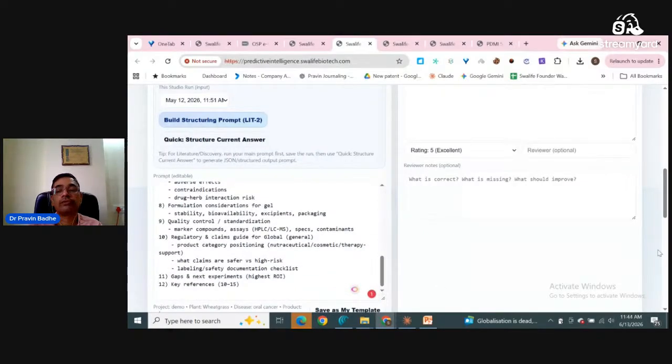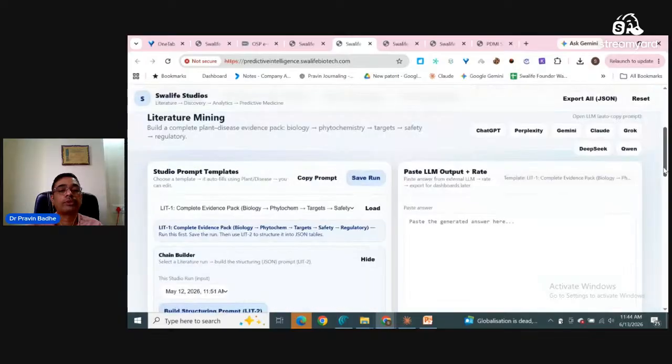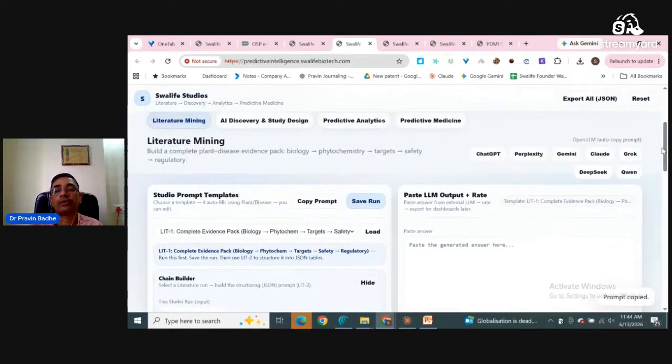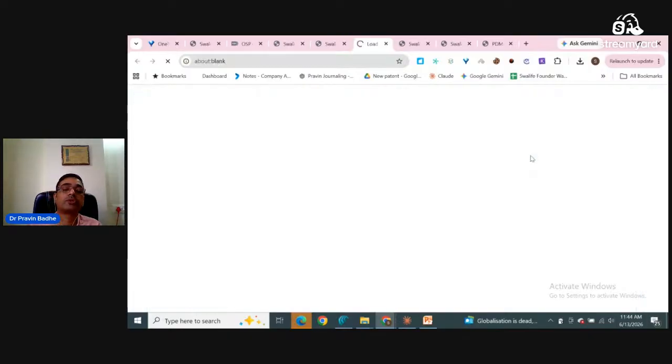Once you got the prompt, you can copy that prompt, and you have got all these large language models here. Now these we will be doing on their platform, so they are not actually running inside our tools.